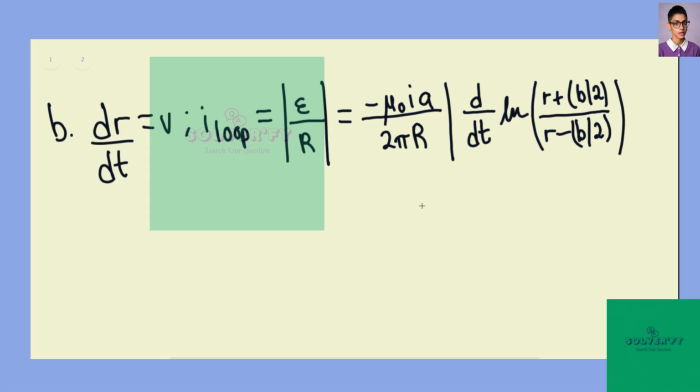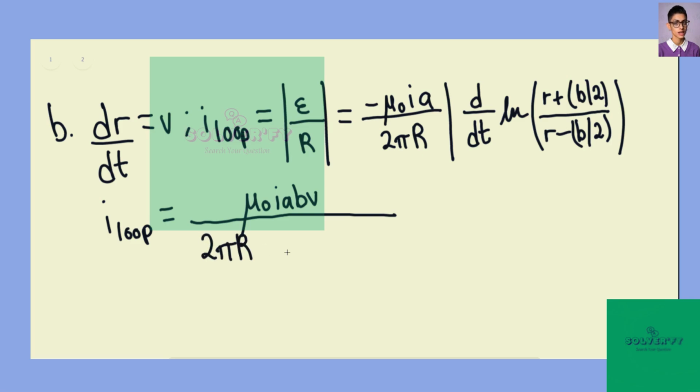And so we find that the current in the loop will be equal to mu naught, the magnetic permeability in a vacuum, times the current I times a b v divided by 2 pi R multiplied by r squared minus b over 2 squared. And we then solve for the current of the loop.